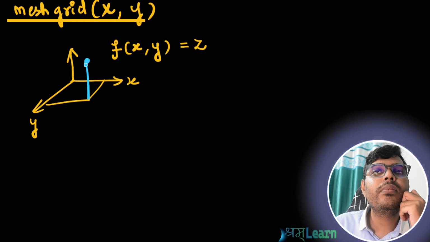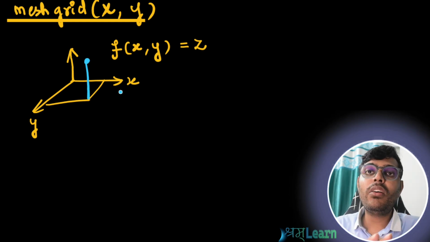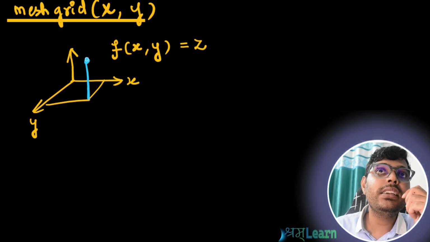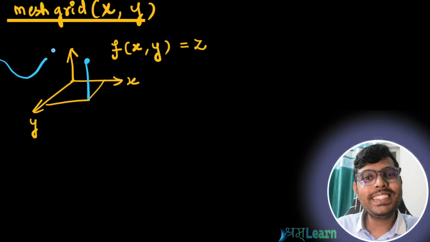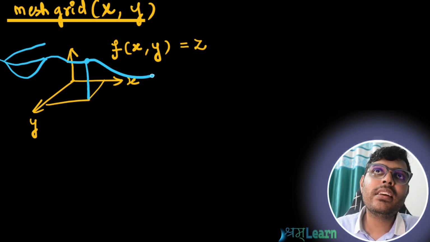And if I do this for all possible combinations of x and y in a given region, then I will get a surface in 3D, not a 2D curve. So I might get something like this.